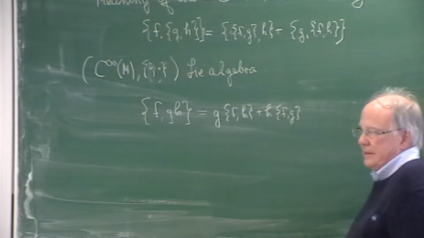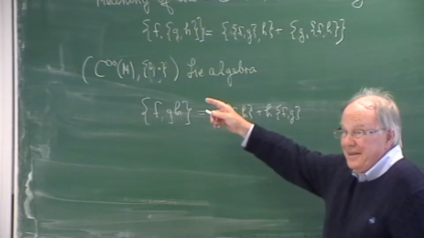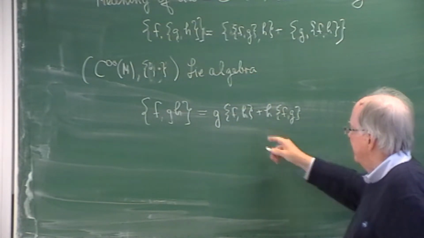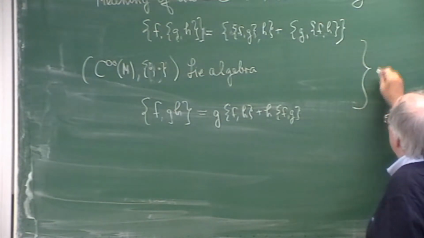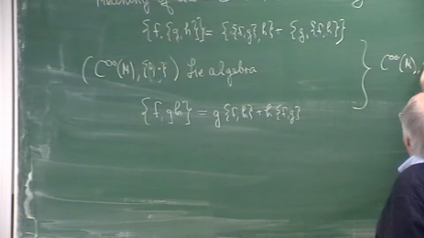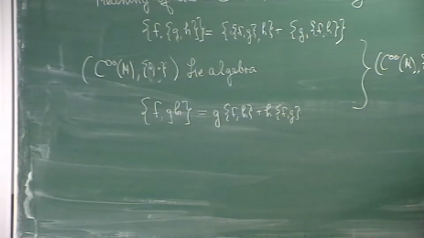So this is more than just the Jacobi identity. It is this identity plus this derivation rule here. And these things together are saying that C infinity functions equipped with the bracket is a Poisson algebra.